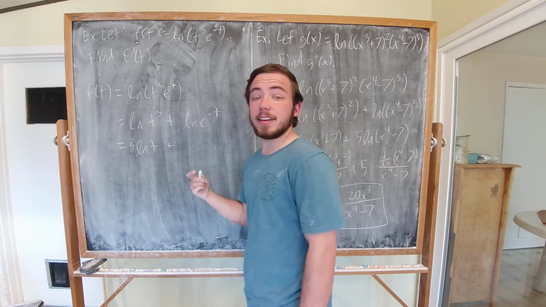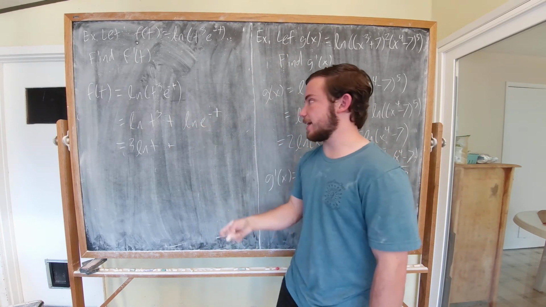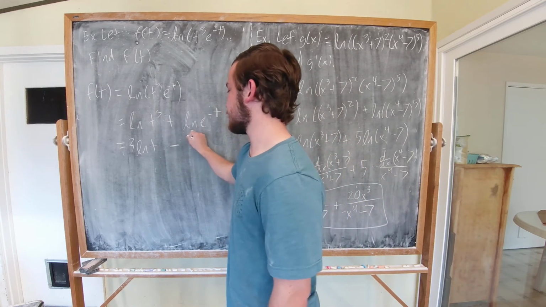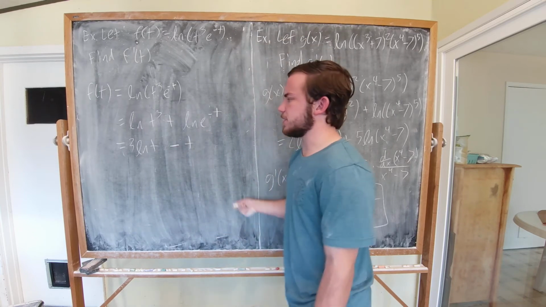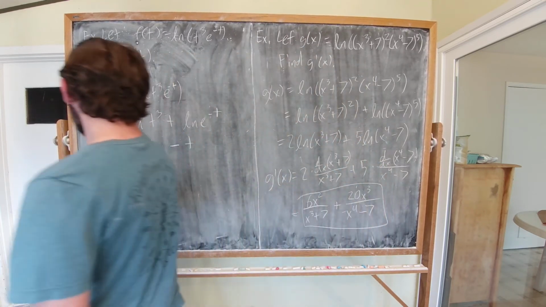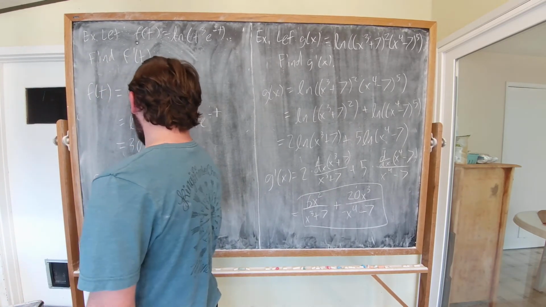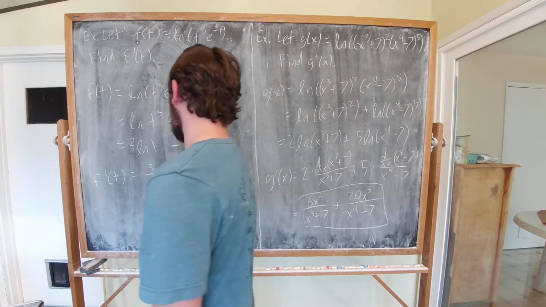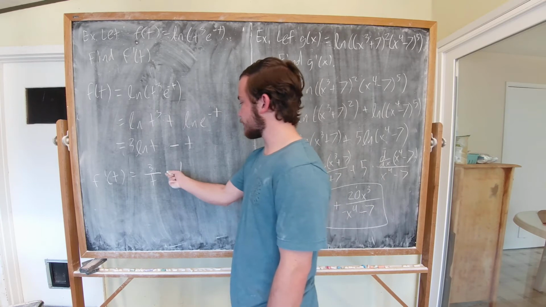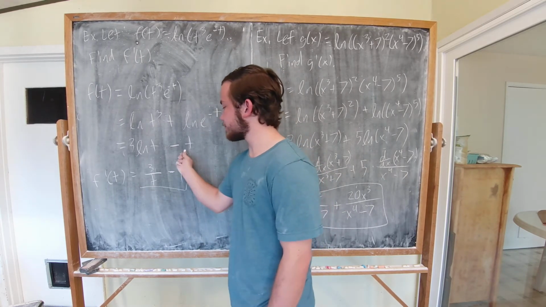Natural log of e to the negative t: remember, natural log and e cancel out. So we're going to be left with negative t. So we just have 3 natural log of t minus t. That's a simpler way to write that function, in my personal opinion. And now, f prime of t will be 3 over t minus 1. Ain't gotta be complicated.